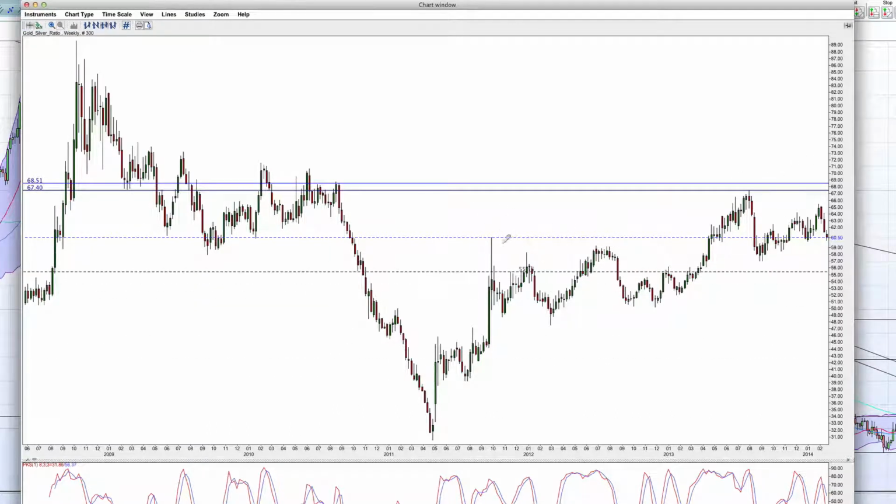So the weekly chart looks favorable to us. All right, it looks like we're going to continue to go down. I'd like to break this low here at 56.98. If we can, I think it'll be very positive, and we'll be looking to target the low 50s as far as ratios. Again, as the ratios fall, that means precious metals are rising. Because usually silver moves faster than gold, right?